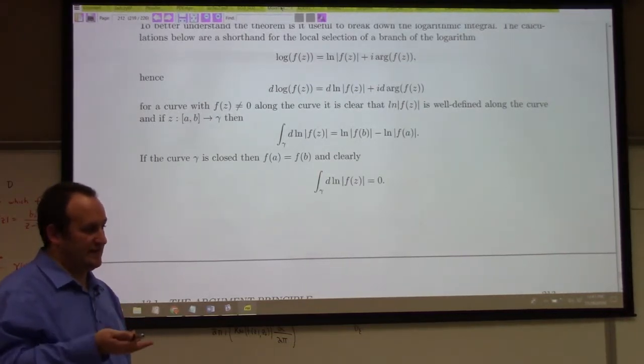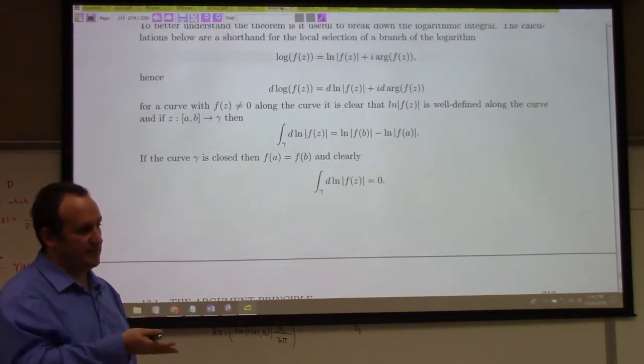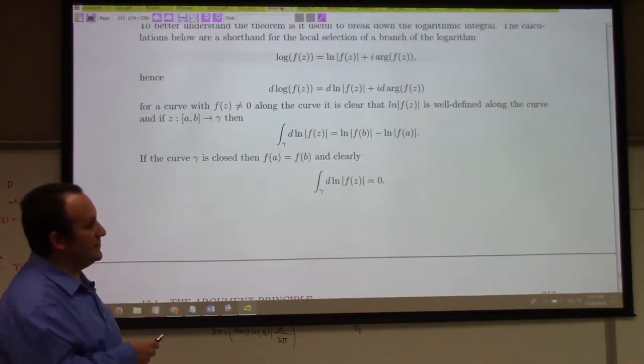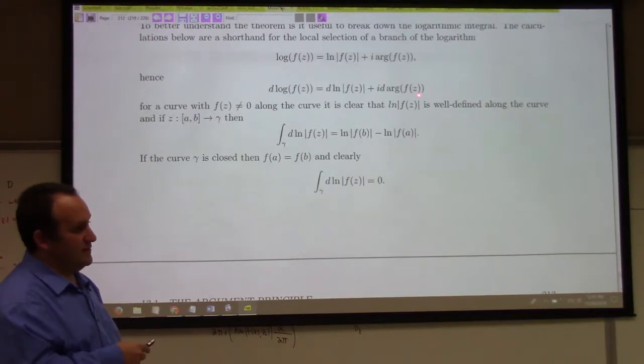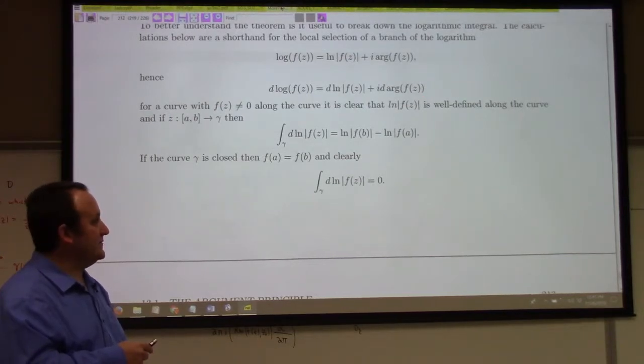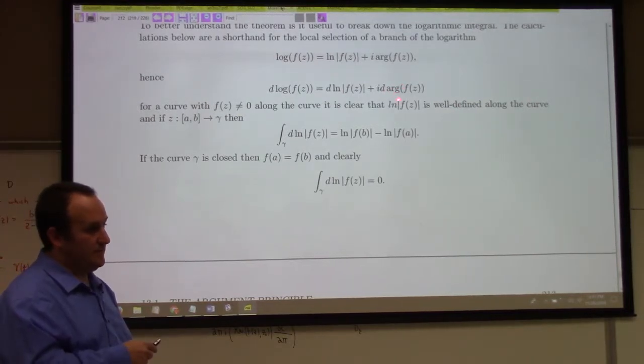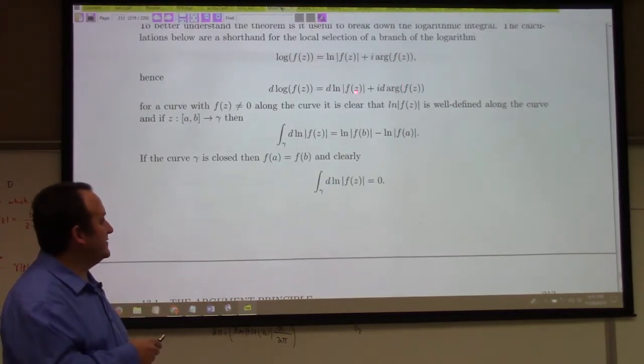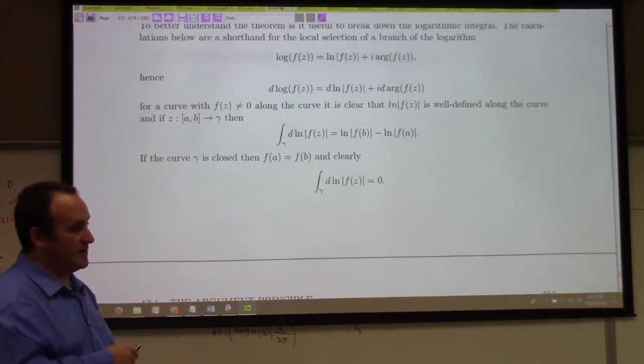The derivative makes sense. There's no discontinuity in that function whatsoever. It doesn't have the problem that the other piece has, which is that the argument might jump across where you've selected your cut. If the argument goes too far, then there's a jump discontinuity, and we can't really say it's the differential of one argument function all the way around the curve. In contrast, this does integrate around the curve to 0.